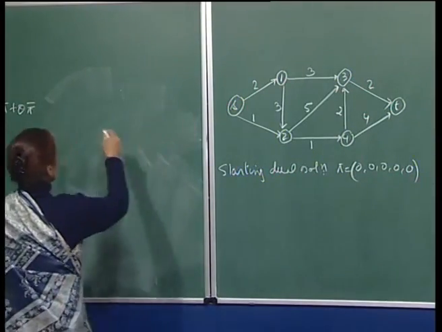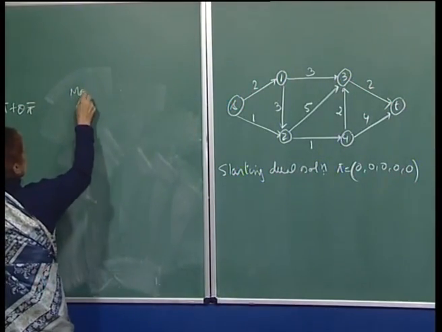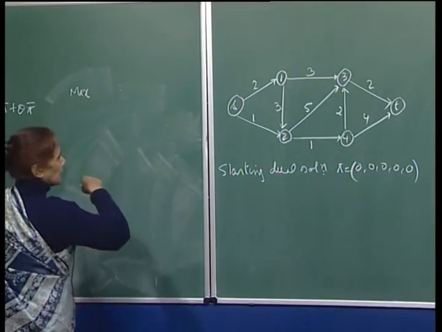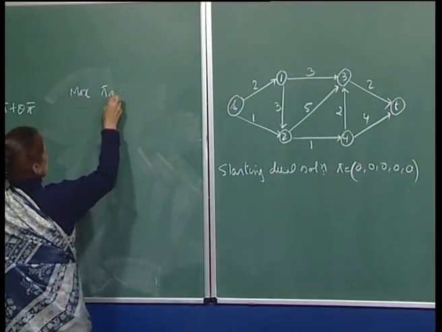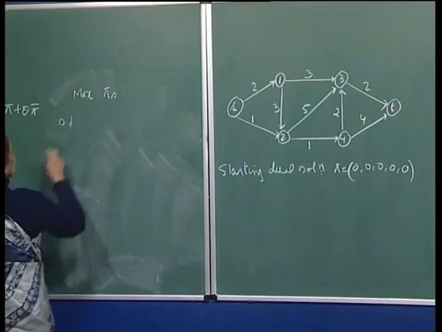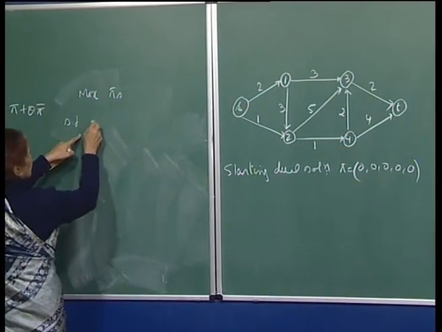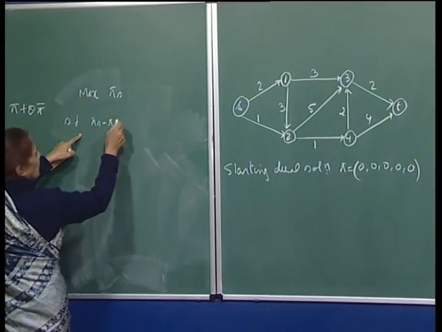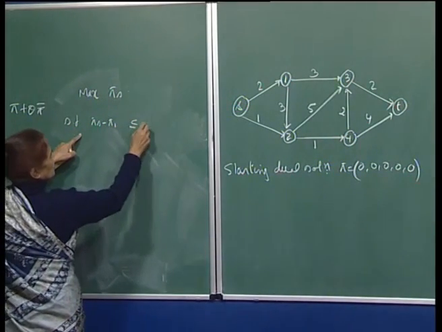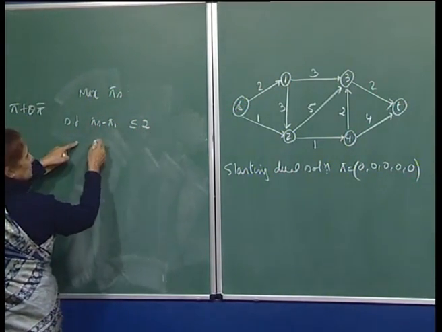We maximize pi s subject to pi s minus pi 1 less than or equal to 2, and these are the kind of equations you will write.